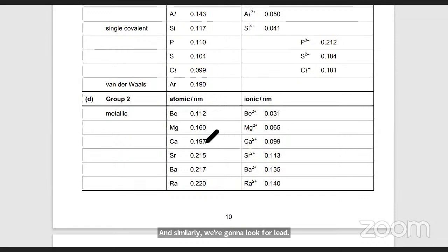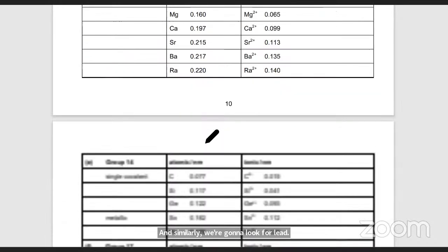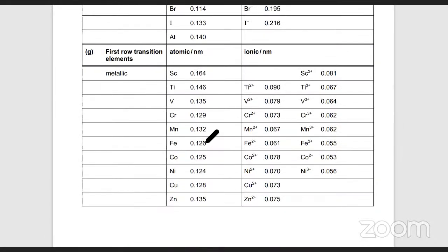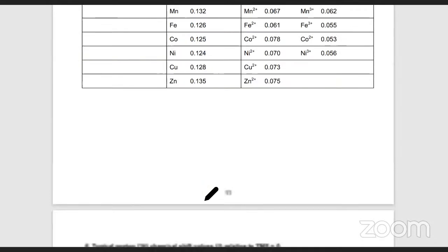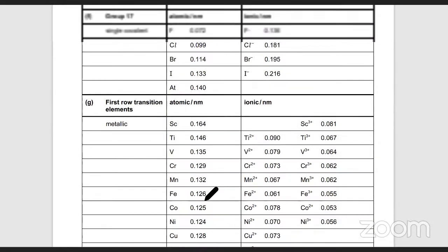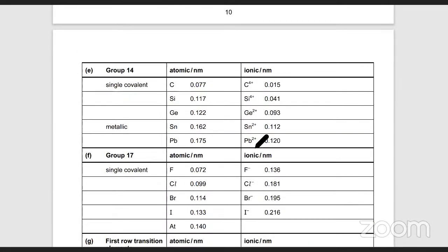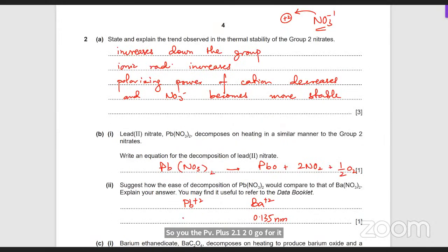Okay, it gives Pb2+ as 0.120, group 14. So remember, bigger cations have less polarizing power, so they're going to be more stable.